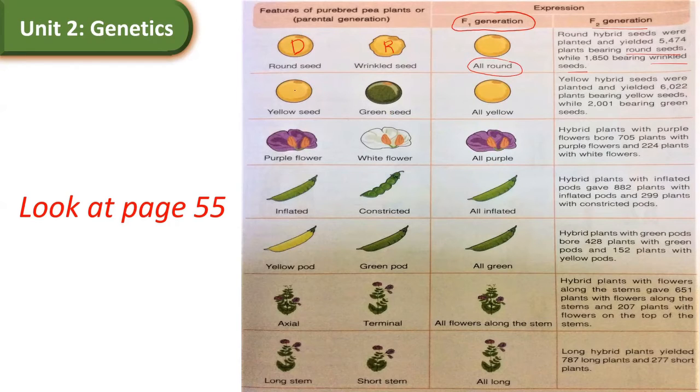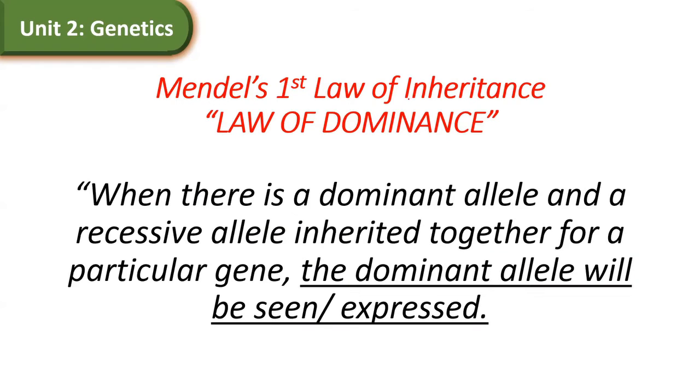However, in this case, yellow is the dominant and the green seed is recessive. Now let's talk about the different laws of inheritance that Mendel proposed as he collected the results coming from his experiments. So what is the law of dominance?